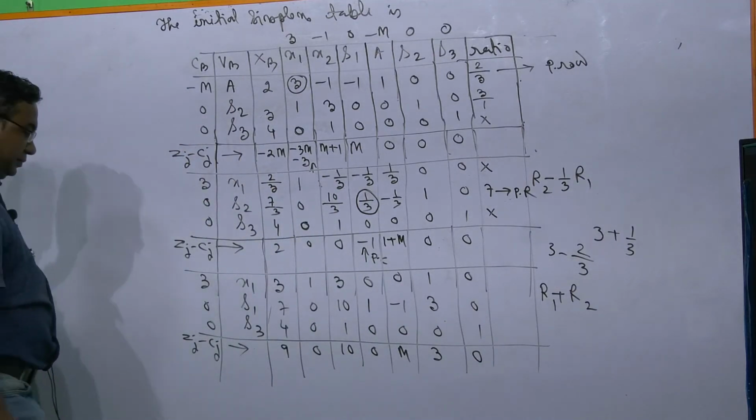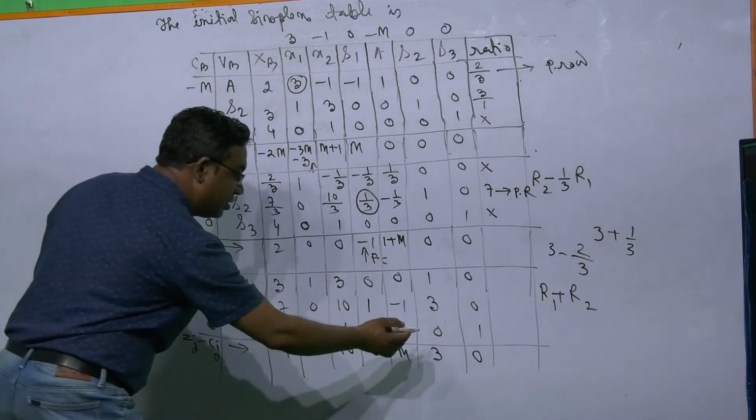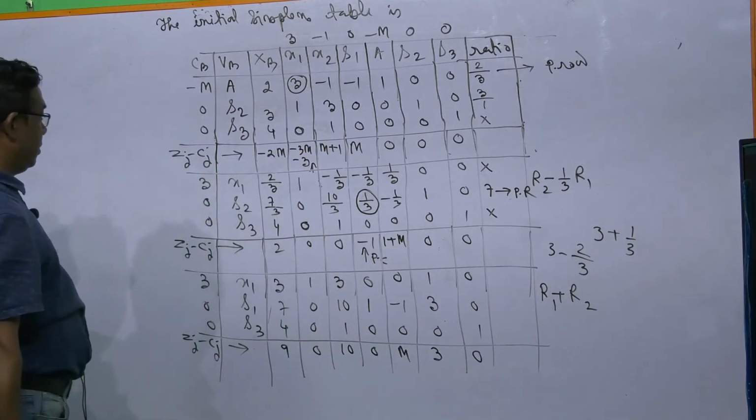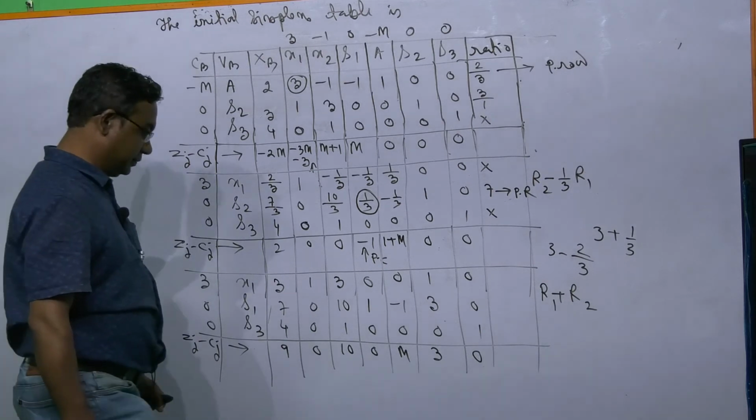So now in the last row, all the values are positive. So this is an optimal stage.